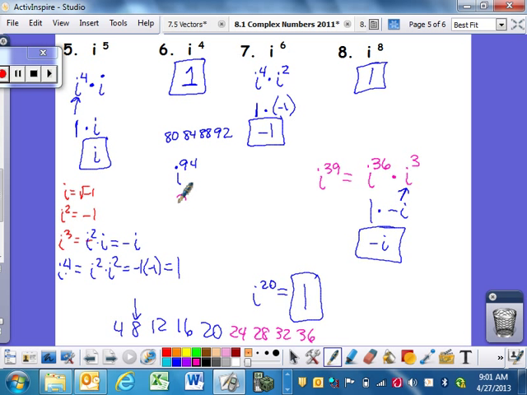So I can say, all right, i to the 92nd power times i to the, how many are left? 2 more to get to 94. So then 1 times negative 1, your answer would be negative 1. That's just an example of how I can make very, very large values become relatively simple by going back to the first 4 in line. So as long as you can remember those, you can do any of these.